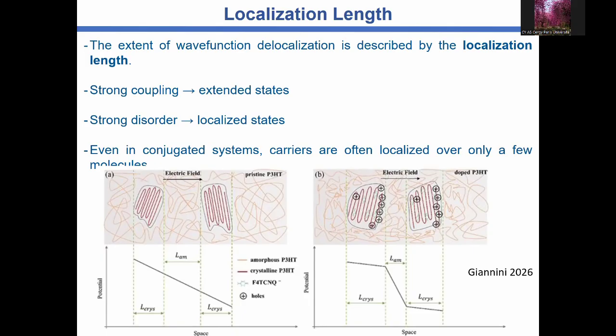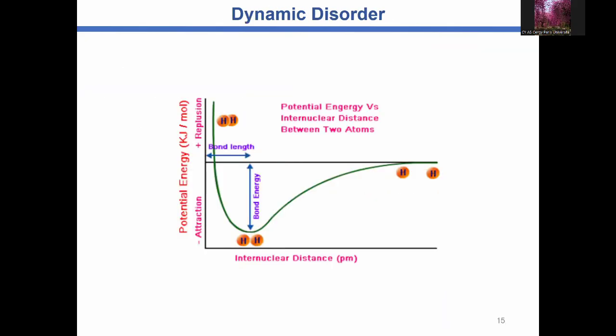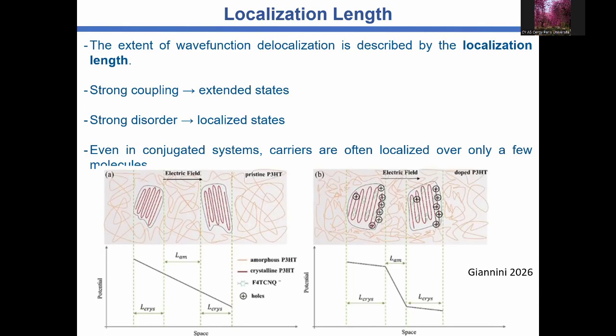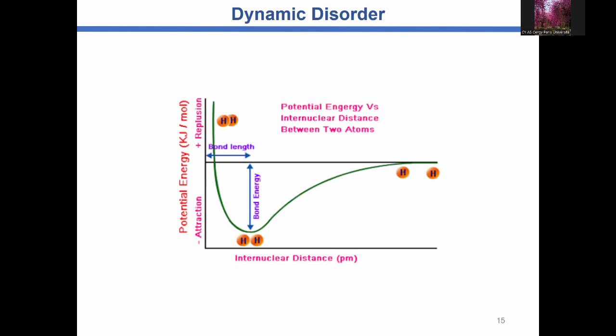Carriers are often localized on a few molecules. So here was one example. And if you think about what we just discussed regarding the electronic properties, carbon-based materials have this really dynamic disorder.